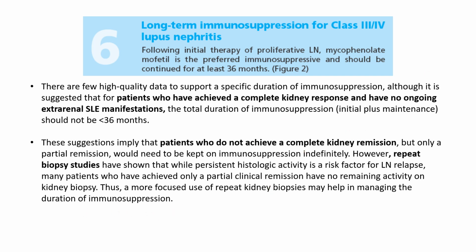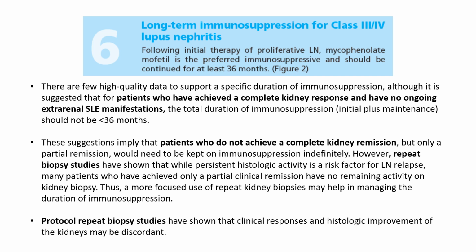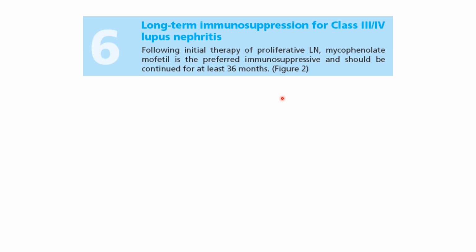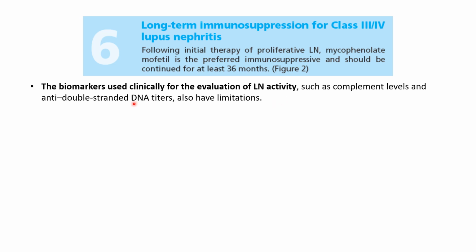And by the way, some of these cases may develop focal segmental glomerulosclerosis, and the proteinuria that is present now is of the FSGS, not from the lupus activity itself. Protocol repeat biopsy studies have shown that clinical responses and histological improvement of the kidneys may be different from each other at all. Also, you have to know that the biomarkers used clinically for the evaluation of lupus nephritis activity, such as complement and double-strand DNA, also have limitations to judge the case.